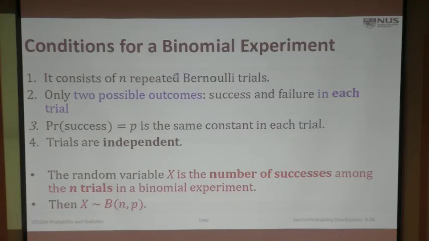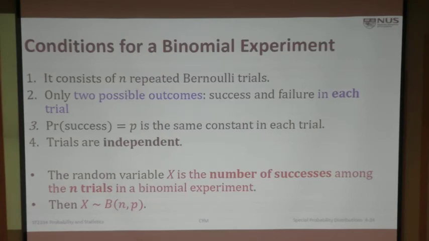So the key points about this binomial distribution: you need n repeated identical and independent Bernoulli trials. This is what I call IID, independent and identically distributed Bernoulli trials, which means that the success probability is the same. It summarizes all these 4 things.